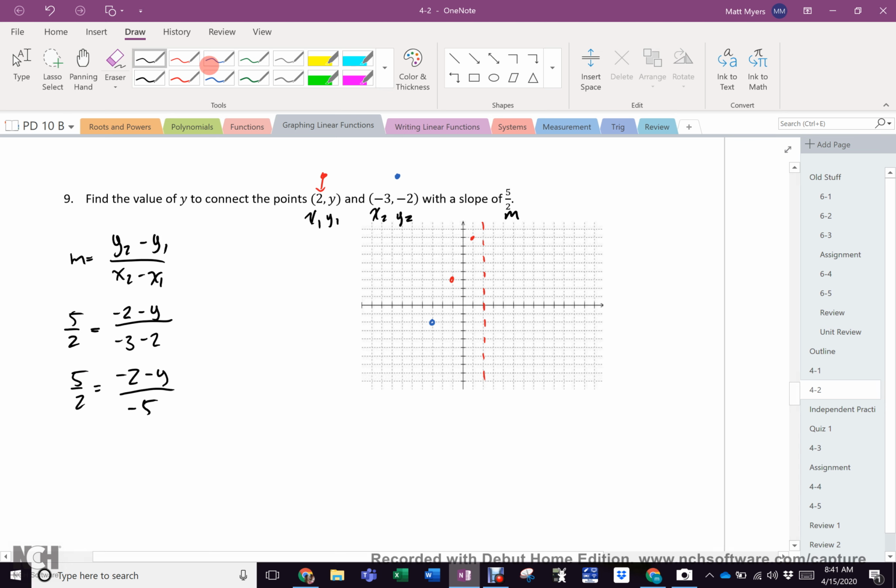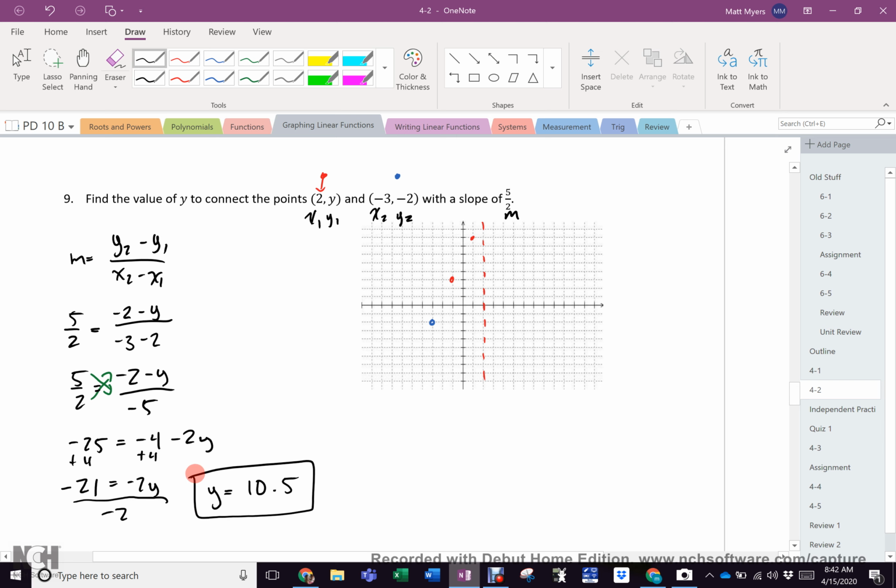Then cross multiply: negative 25 equals negative 4 minus 2y. Add 4 to both sides. Negative 21 equals negative 2y. Divide both sides by negative 2, and y equals 10.5. Because sometimes you can't do it with just a graph.